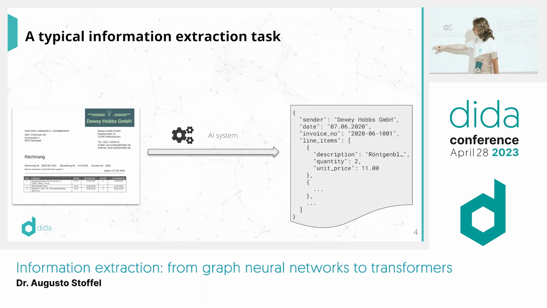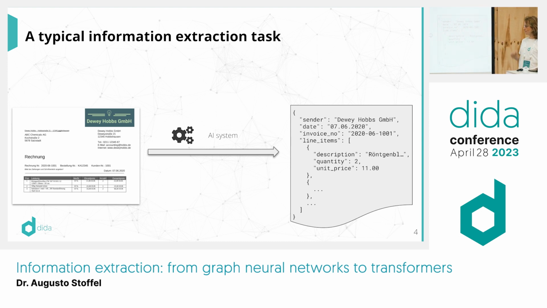These individual things listed here are line items, and to our invoice corresponds a list of such things, and each item again is a structured little thing, which has, say, a description, a quantity, a unit price, and so on. Okay, so that's what we want to do.